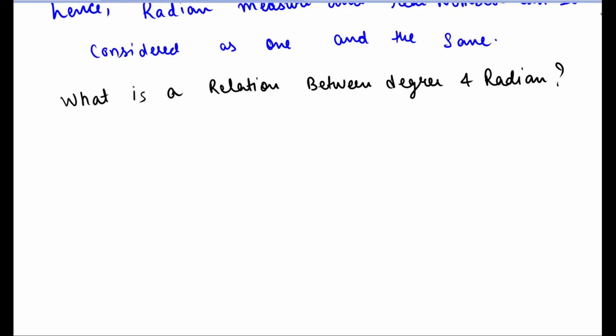We know one complete revolution is equal to 2 pi radians.